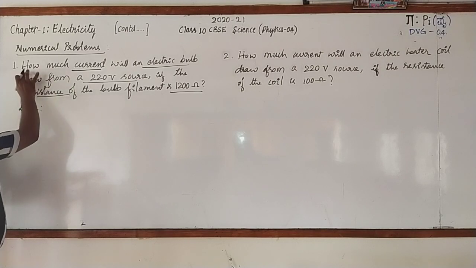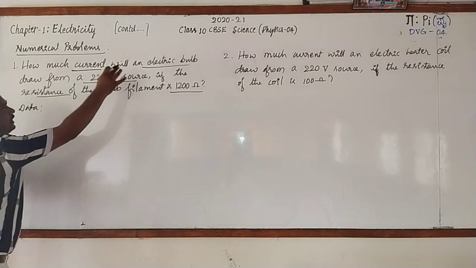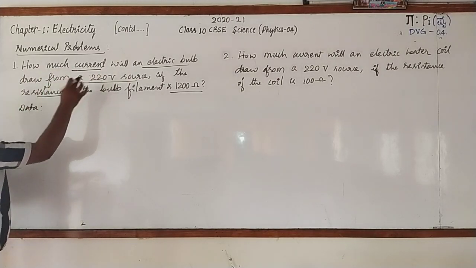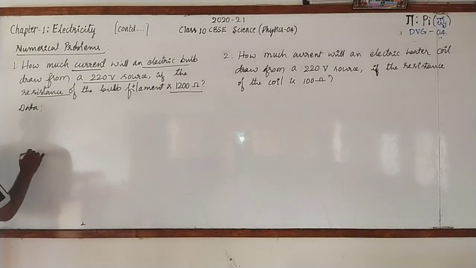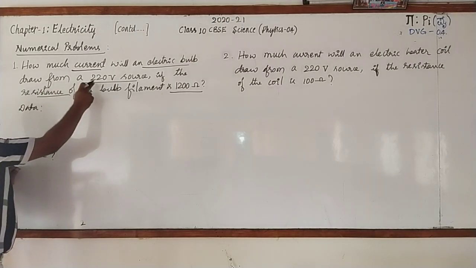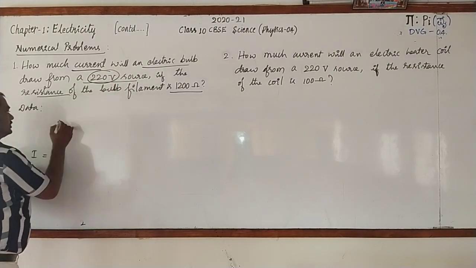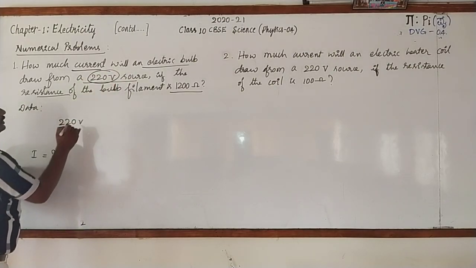What has been given? How much current will an electric bulb draw? What are you going to find out? It is current. Current is denoted by I. Right? This is going to be found out. From a 220 volts, see that 220 volt is there.